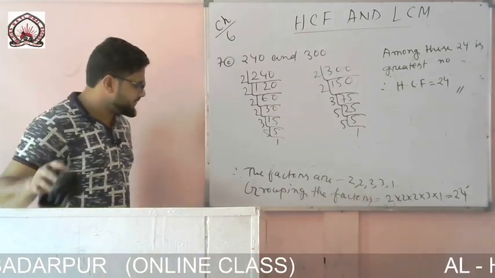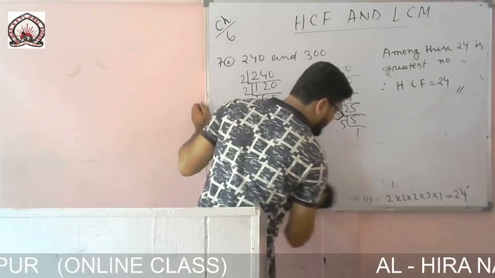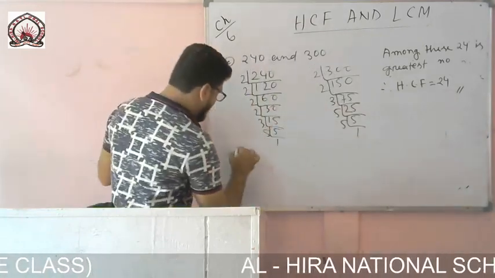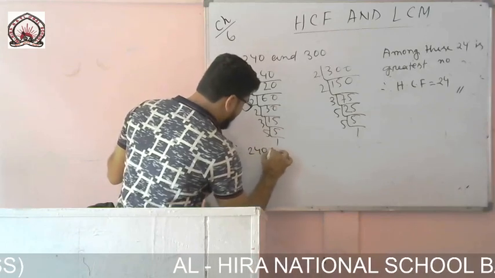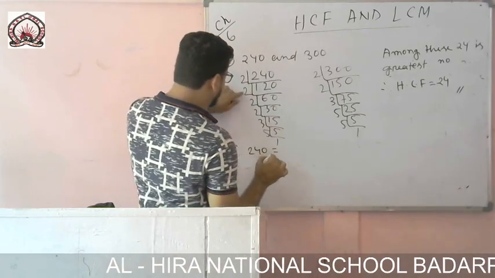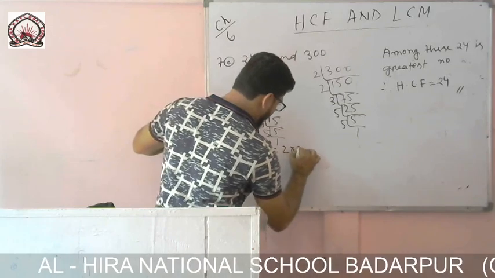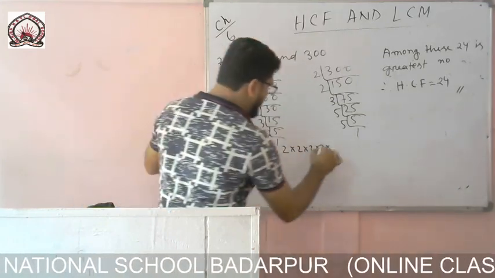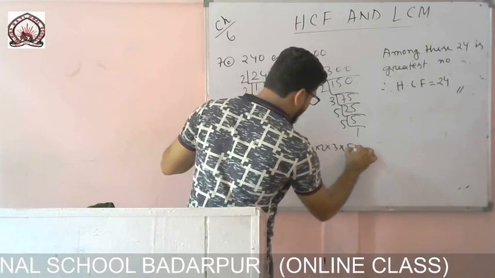Now you write. And therefore 240 goes to 2 into 2 into 2 into 2, then 3 into 5 into 1.